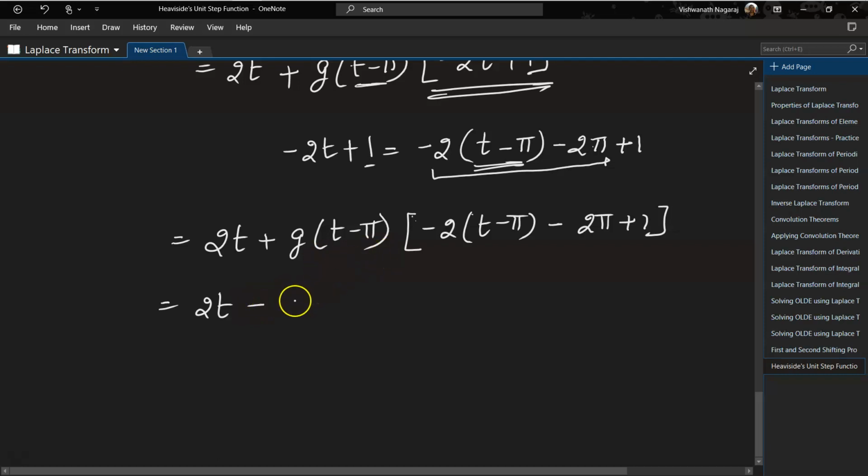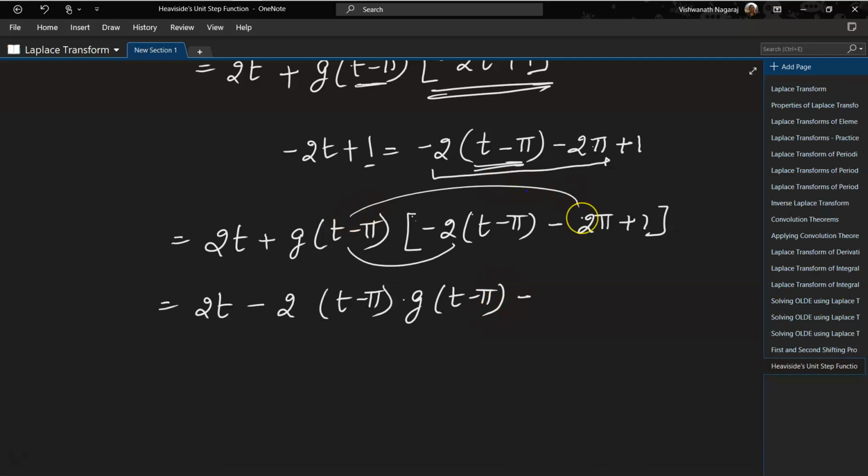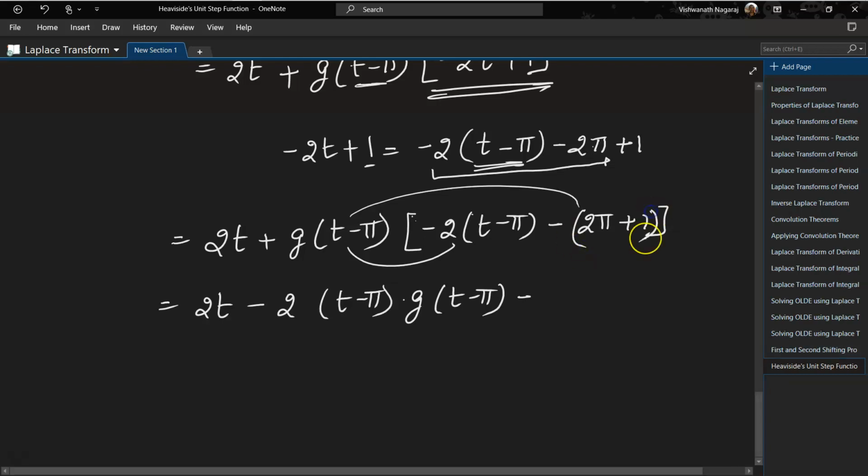So minus 2 times t minus pi times g of t minus pi, and now minus into plus is minus. But since you are opening the bracket, you need to be careful. What we can do is take this into a bracket, in which case remember this will become minus. So 2 pi minus 1 it will become.